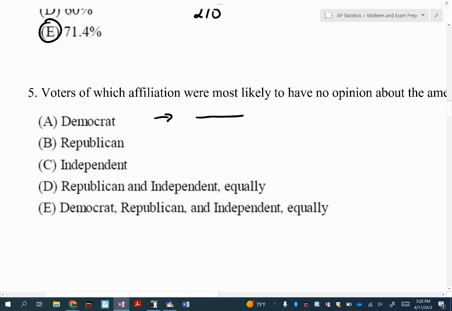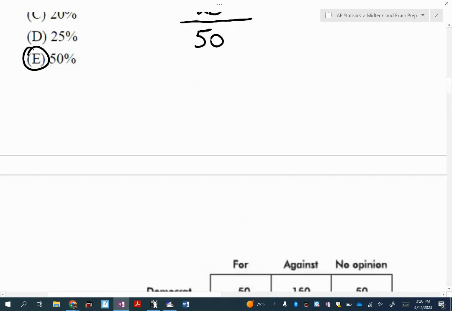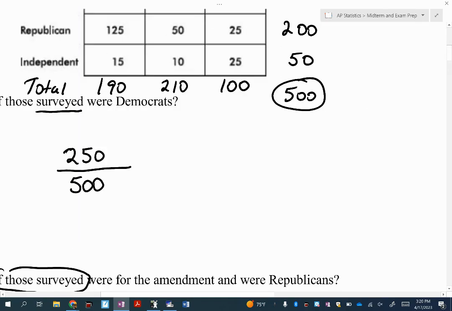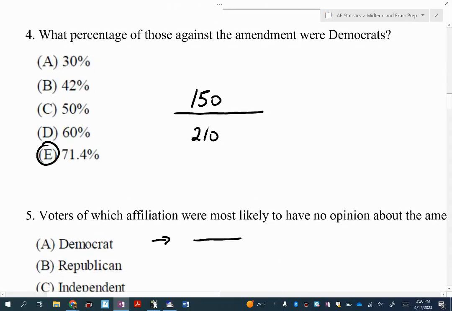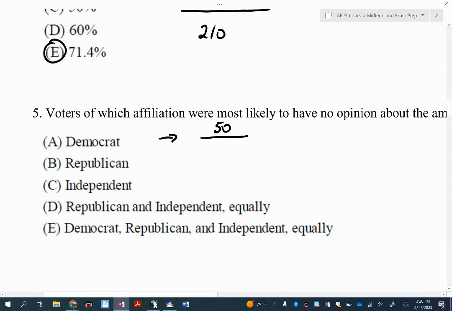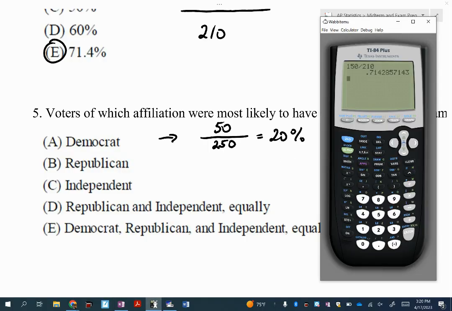How many Democrats were there? 250. And how many said they would vote no opinion? 50. And what is that as a percentage? 20%? I think it's 20%. Let's confirm. Is it? Look at that.